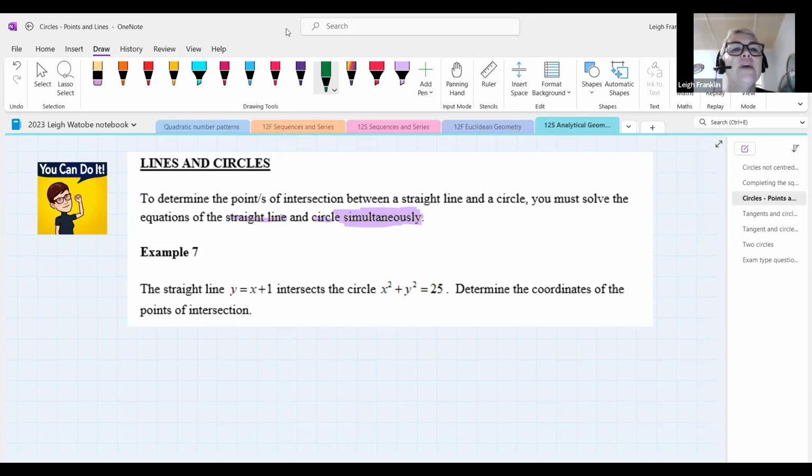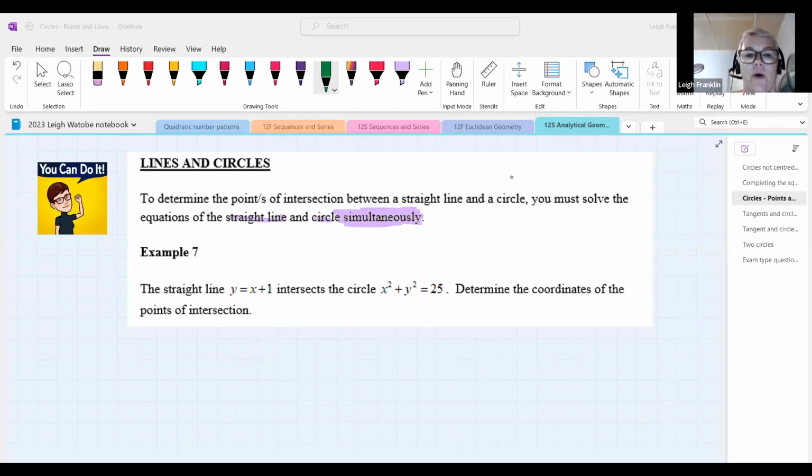Are we all feeling shy tonight? You guys have solved simultaneously before by substitution. This is no different. Any takers? We can do this, guys.